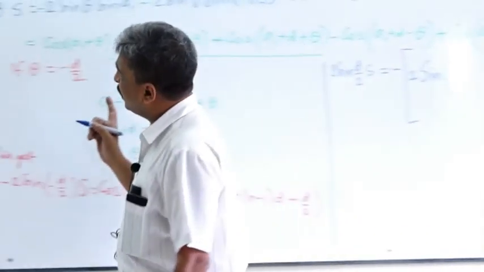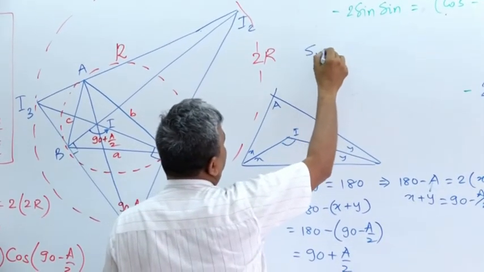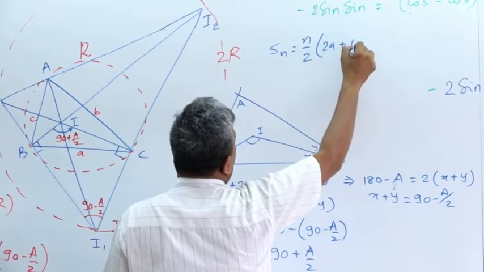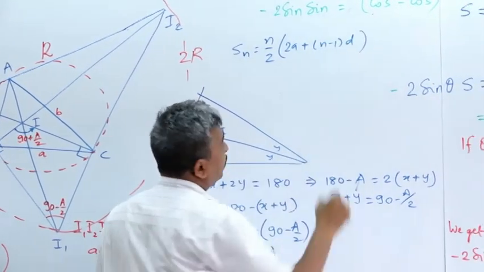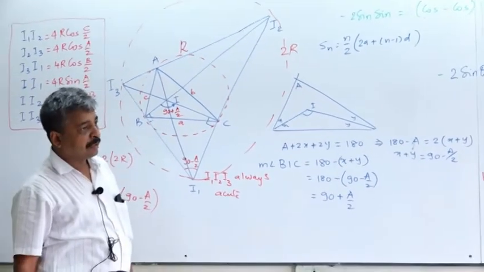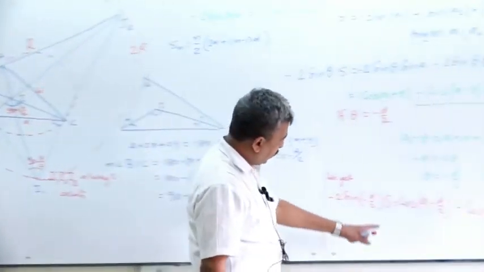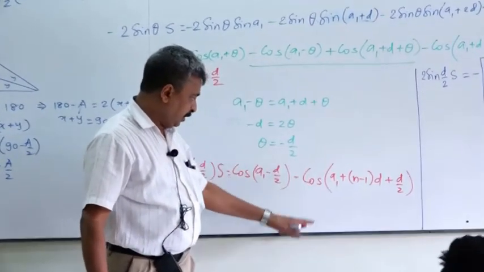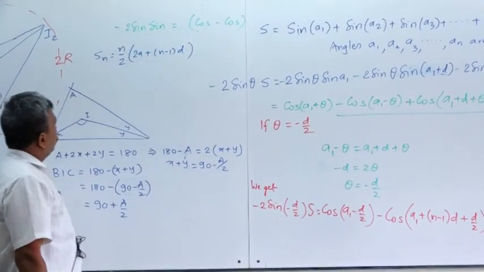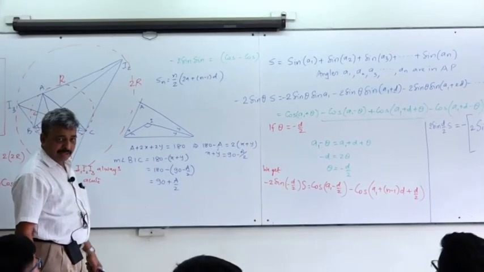If the terms are in AP, Sn is n by 2 into 2a plus n minus 1 times d, correct? This is the formula that you have. So now what we are getting, 2a1 plus n minus 1 times d, that means we are getting this bracket which should be equal to 2 times Sn by n.